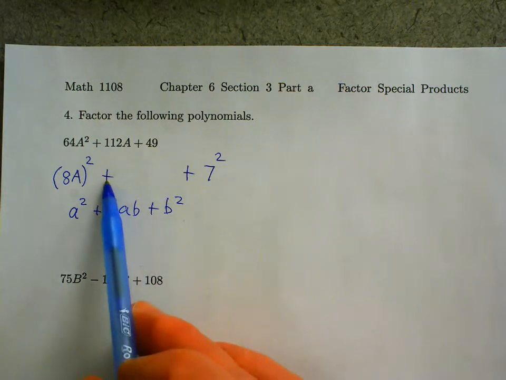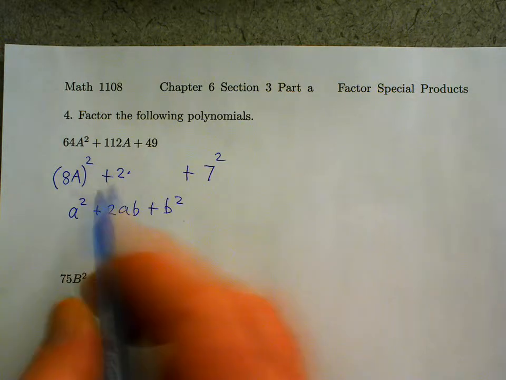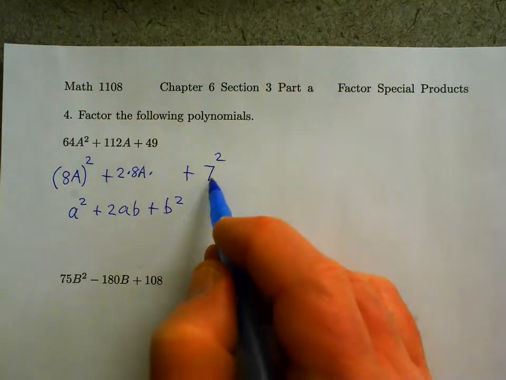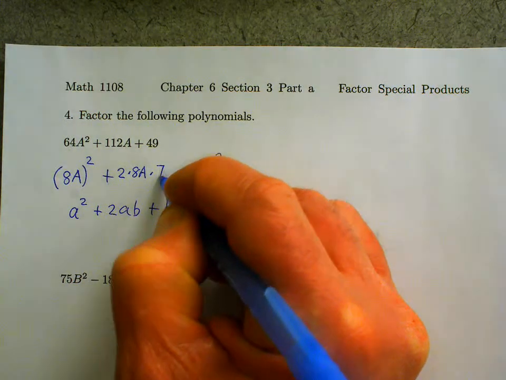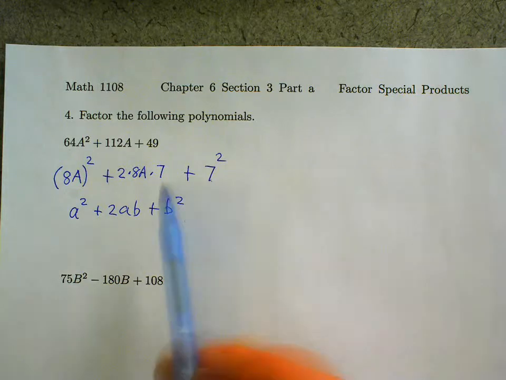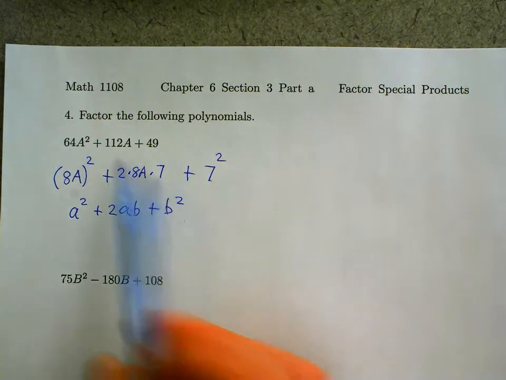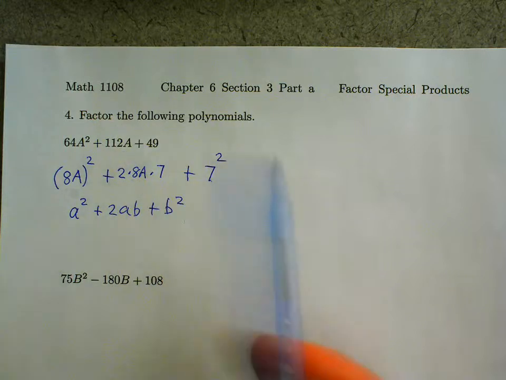So in the middle term up here, we're going to write plus 2 times 8a times 7. And then we're going to check to see if 2 times 8a times 7 is 112a.